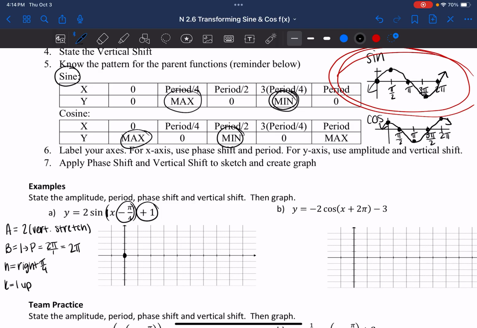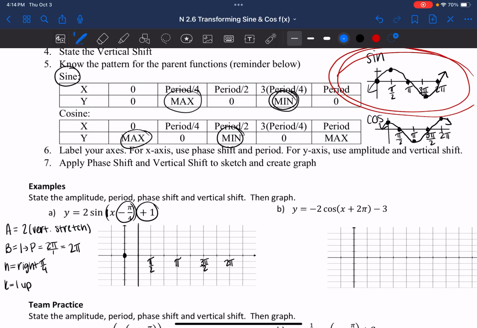So in order to keep it easy for myself, I am going to make each one of these lines worth pi fourths. So this would be pi fourths. The next line would be pi halves. Skip a line, the next one would be pi. Skip a line, the next one would be 3 pi halves. Skip a line, the next one would be 2 pi.